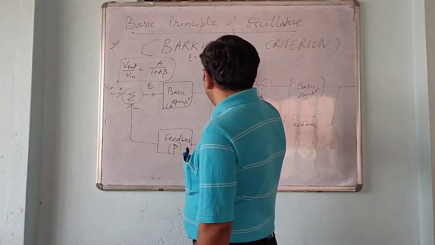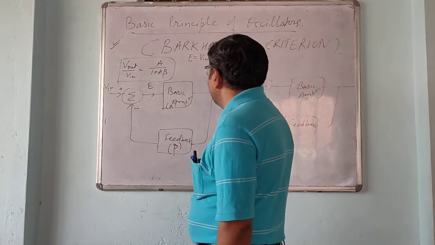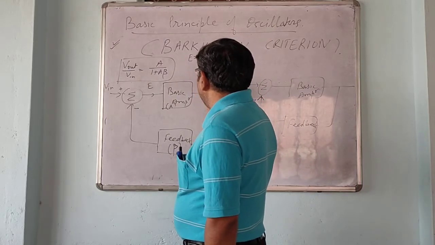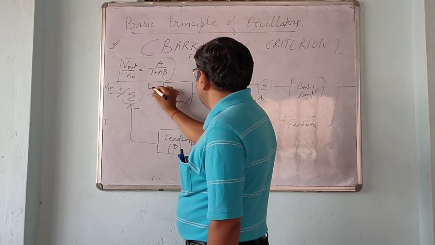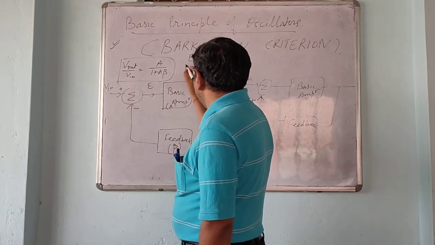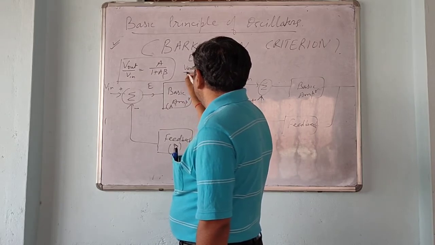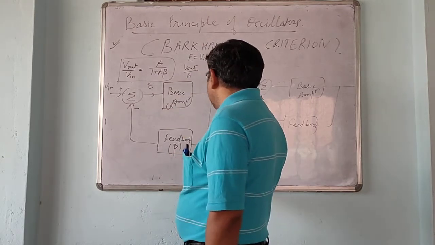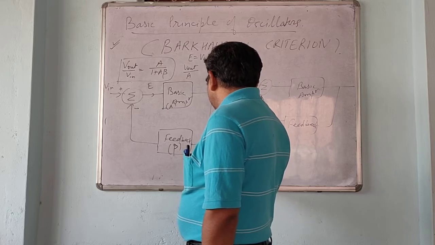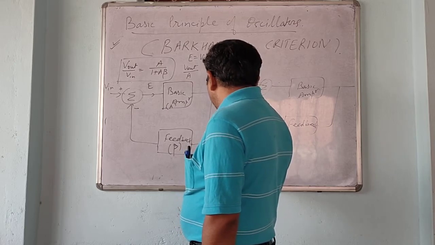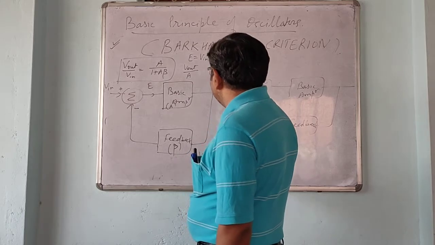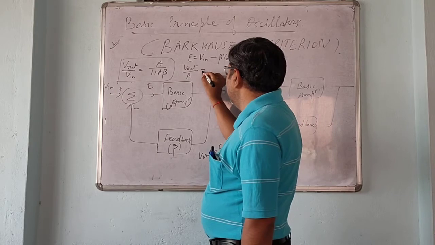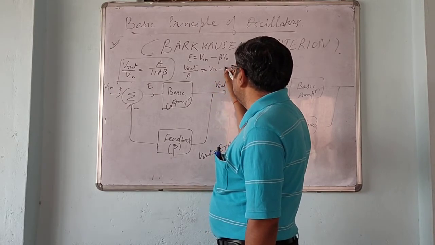So feedback is beta times of V naught. This signal is simply output upon A, because output is input into A. So you can write error is output upon A equals V in minus beta V naught.